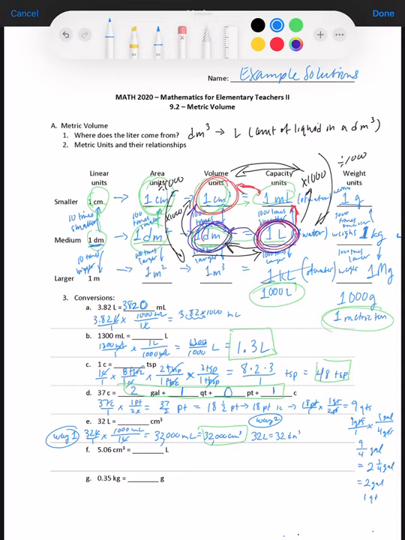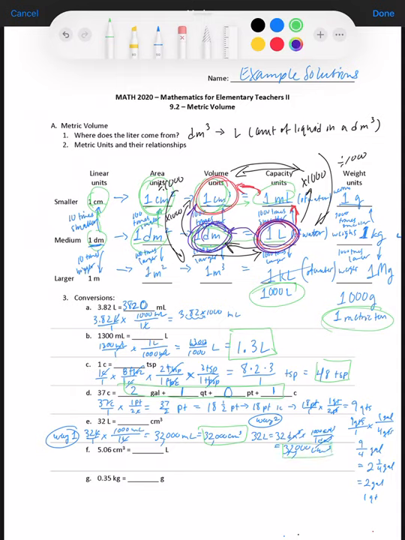Okay, and then I'm going to multiply that by 1,000 centimeters cubed for 1 decimeter cubed. So we'll cancel those, and then our answer will have 32,000 centimeters cubed. Okay, so that's a couple ways of getting that answer.